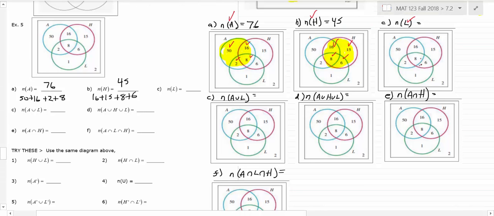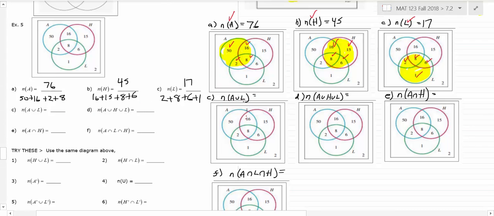We're going to do L. If you're inside of L, which is this circle, that would be 2, 8, 6, and 1. So we just do 2 plus 8 plus 6 plus 1, so that's 17. That's how you do the circles when you have 3 sets like that. Now the next thing is we go to A union L.